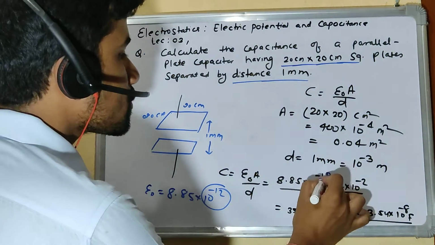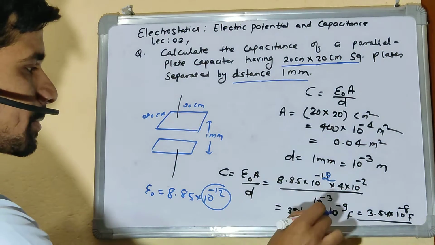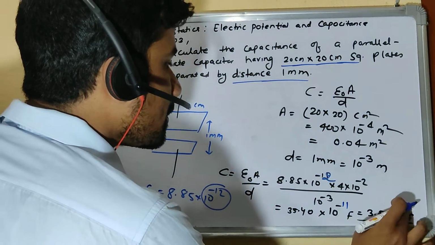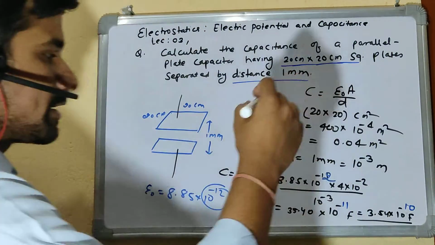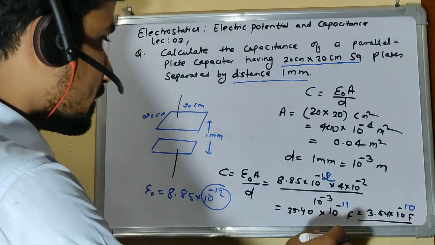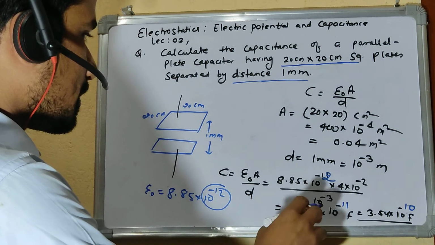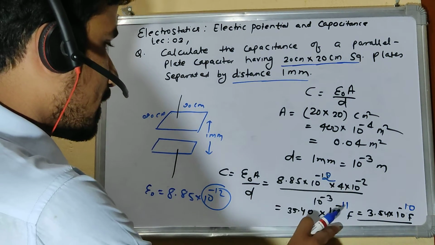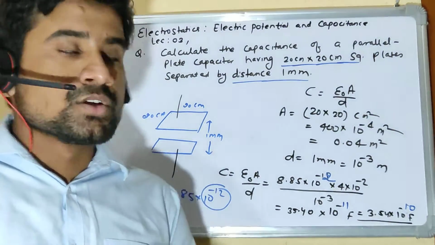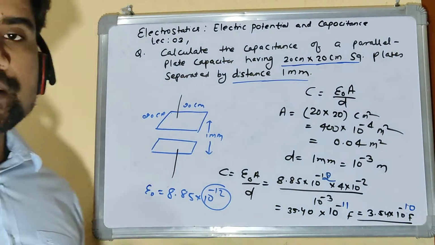So this will become minus 11, and the result will become minus 10. I think this looks good now. So this is the capacitance of this particular capacitor.